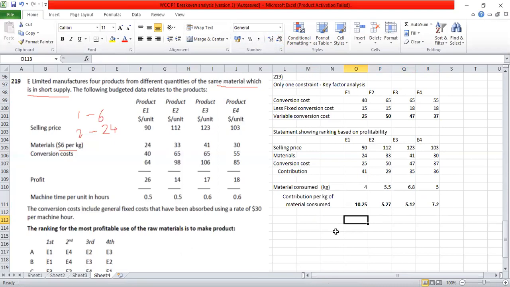Which one is the most profitable? This will be first. The next in the order is E4.